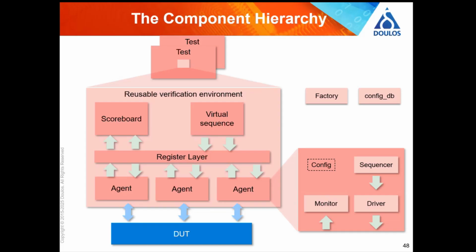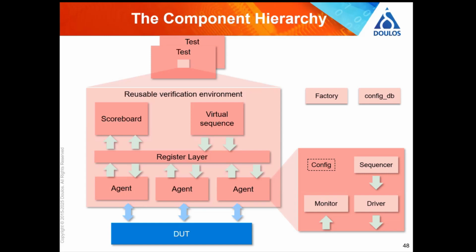And there's other things going on here. Scoreboard is a checker. A virtual sequence is an embedded controller. So rather than just having a test, we might have lots of things controlling things. It's just basically much more complicated.